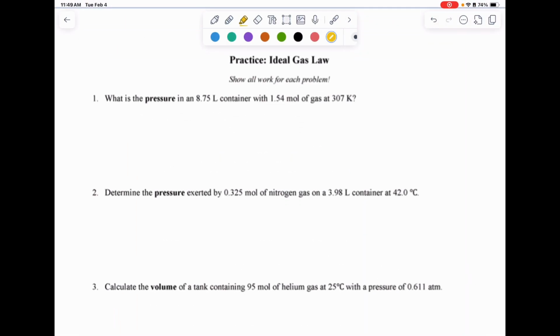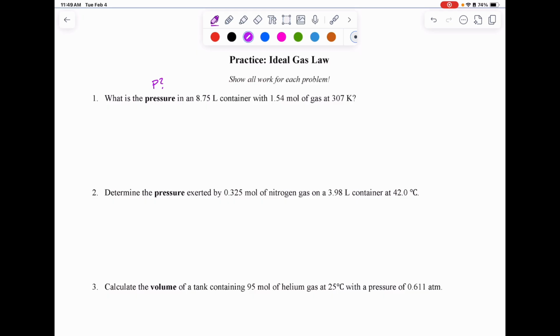So onto the back side of the ideal gas law. So here, this entire page, you're going to be using the same law, which is the ideal gas law. So starting with number 1, what is the pressure?